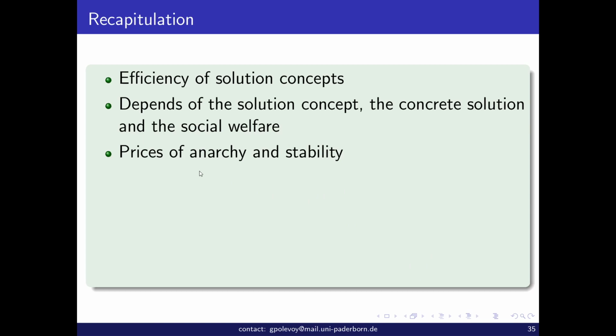And given those assumptions, the choice of a solution concept and of the social welfare, we reminded the definitions we already had seen of price of anarchy and stability, which refer to the worst and the best solutions from the point of view of the social welfare.